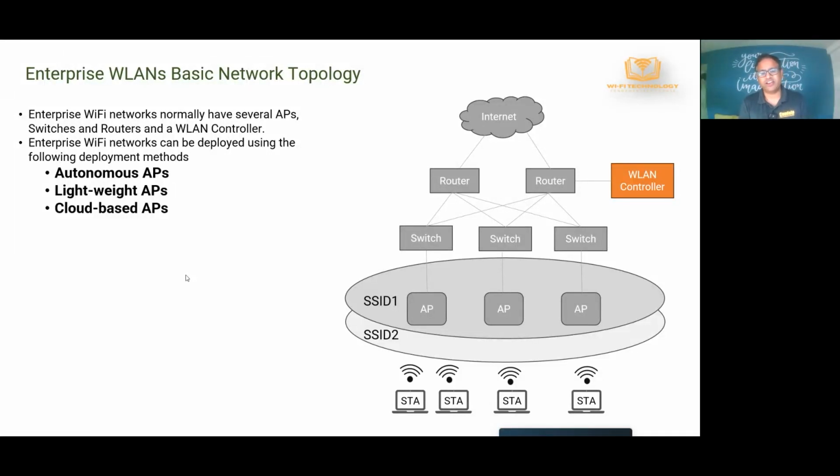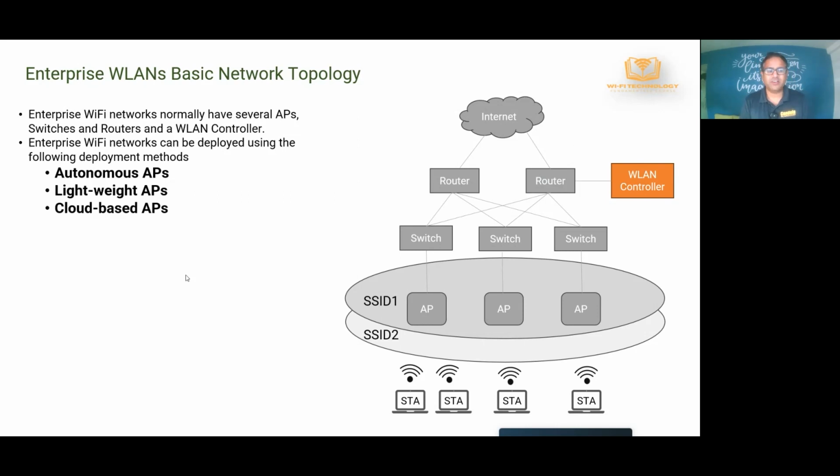So, of course, if you have lots of access points, you need switches to provide power and also provide cabling and connectivity to these access points. Now, in enterprise Wi-Fi networks, the access points can be deployed in three main modes. One is what you refer to as autonomous access points, also referred to as thick APs or fat APs.